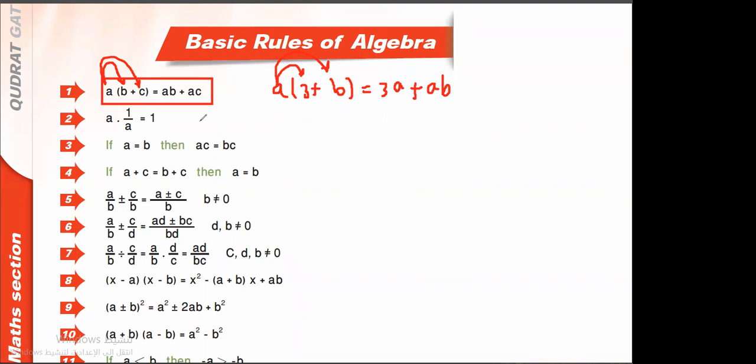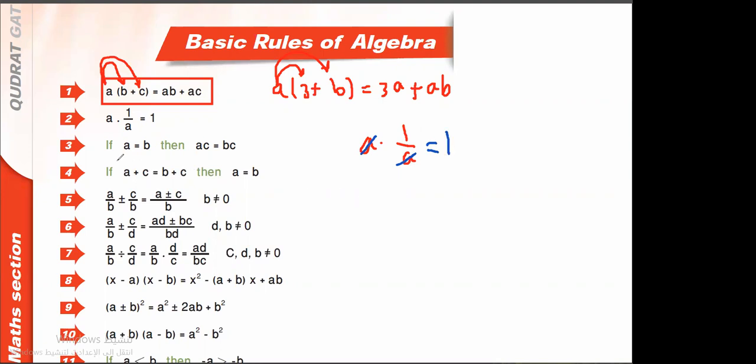This is the first rule in math. Also, what about A times the fraction 1 over A? If I have A times 1 over A, what is the answer? You can simplify A with A, then the answer is 1, right?